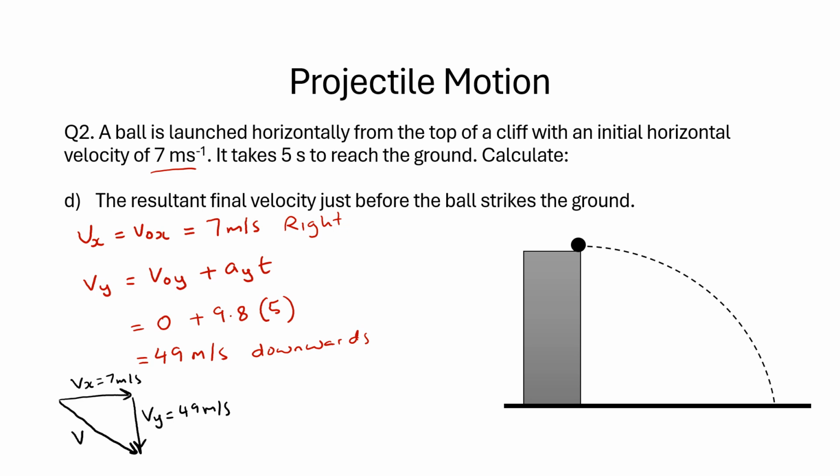I will just call it V. So let's use Pythagoras theorem to find V, and then once we find the value of V, we need to find the value of theta. So V equals the square root of 7 squared plus 49 squared, which is 49.497. I will round it to one decimal place, so 49.5 meters per second.